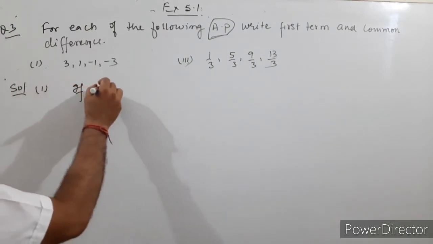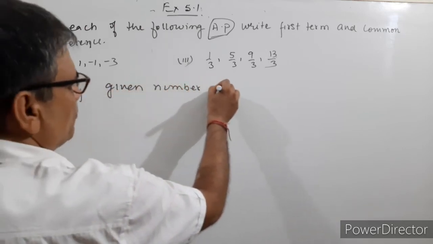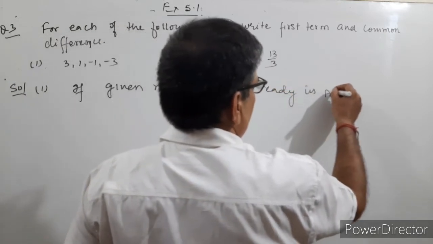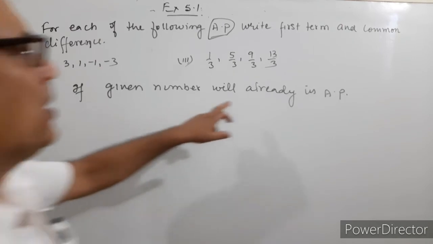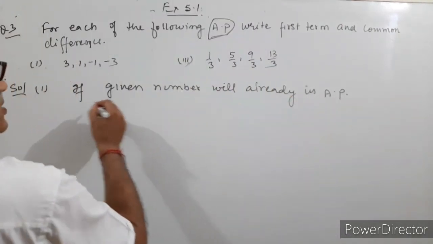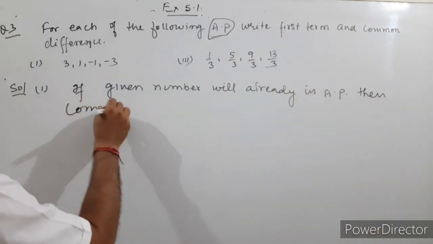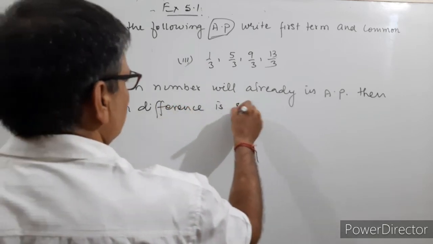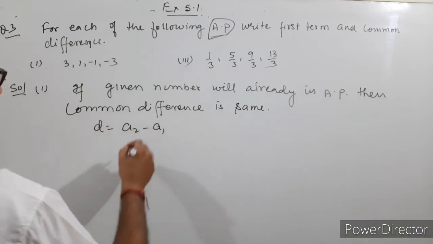If the given numbers are already in AP, then the common difference is the same. Means D is equal to A2 minus A1.